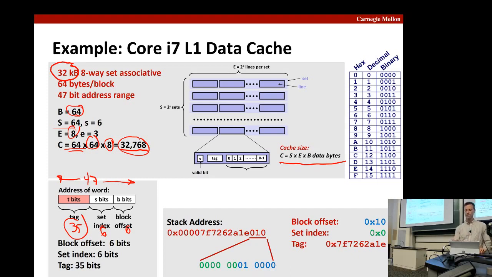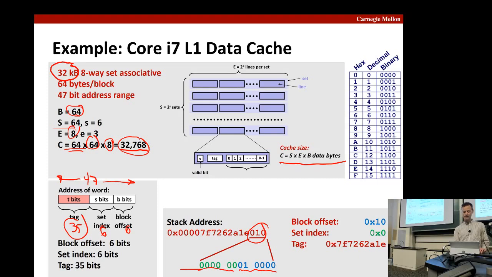Okay, question is that? Okay, so given that that's the case, we know that we have 6 bits. So let's look at this address. This is in hex. So we look at the low order bits, and we split it up into the S bits and the B bits. There's 6 of each.